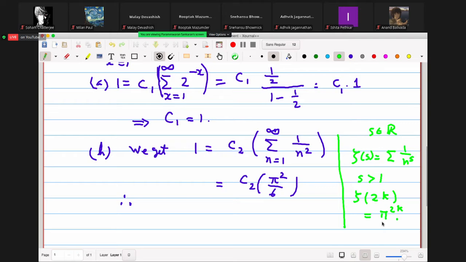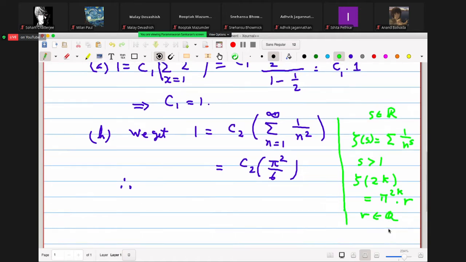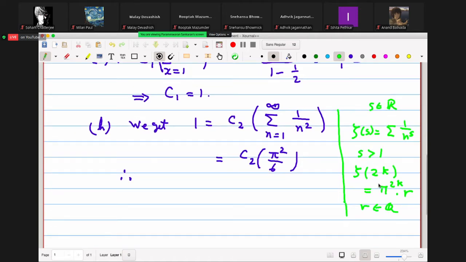Okay, some rational number. This you can prove. It requires some effort, but one can do this. If you study some basic course in number theory, it may be proved.